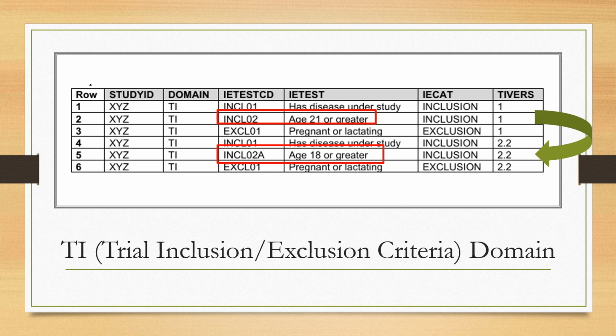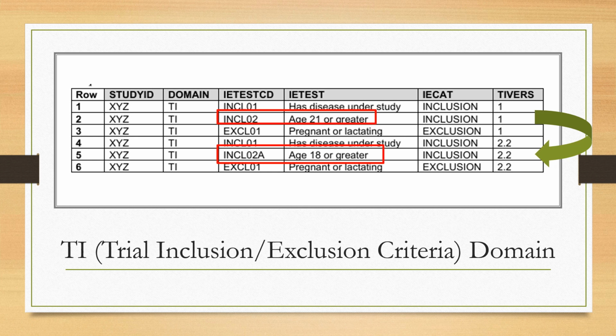Because of this change, the whole set of inclusion exclusion criteria is repeated with the amended protocol version, that is version 2.2 here, with a different IE test code defined for the updated IE test value. You can see that the IE test code, which was initially INCL02, has been changed to INCL02A.